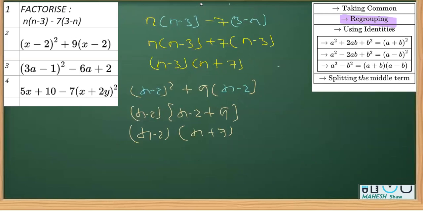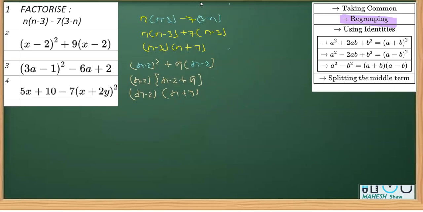Now going to the next part. In the third part, let's see what the question is. The question is (3a − 1)² − 6a + 2. As I said, these questions are done by the method of regrouping.